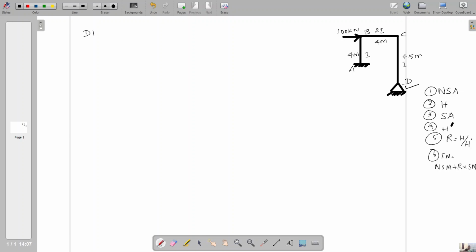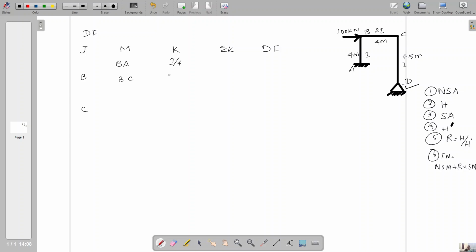So first, the distribution factor: joint, member, K, summation of K, and then distribution factor. The inner joints B and C are considered. Joint B comprises the members BA and BC and the corresponding stiffness values. When the far end is fixed, from B to A, it is I by L, so it is I by 4. For BC, the far end is considered rigid because it is an interior joint.